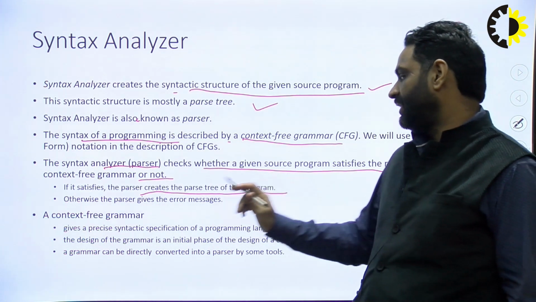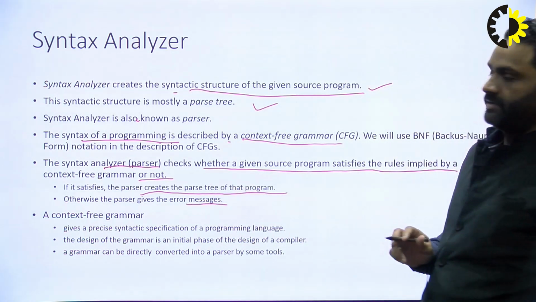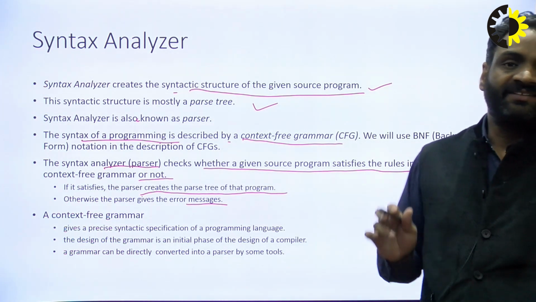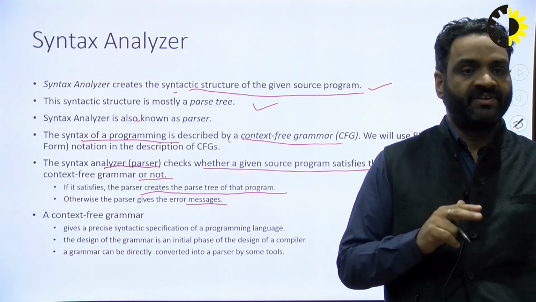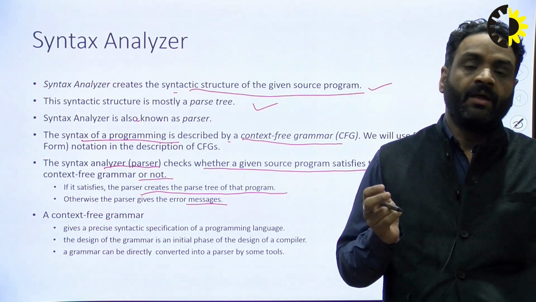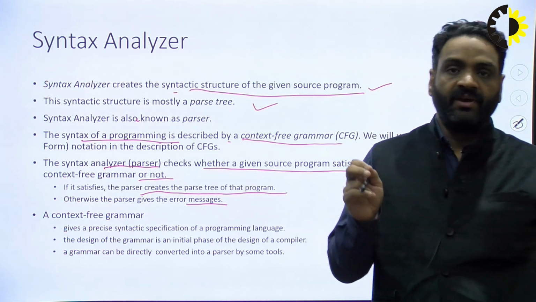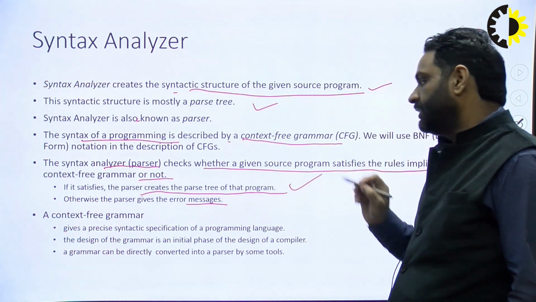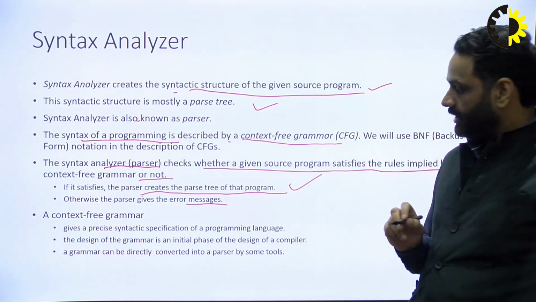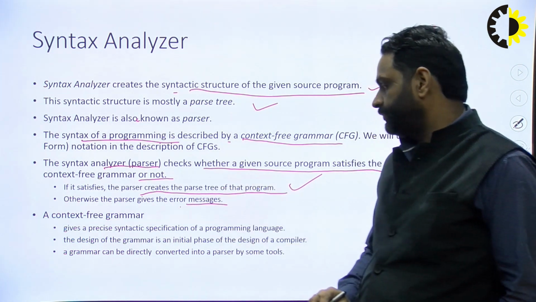Otherwise, the parser gives an error message. That means the syntax analyzer has two core functions: if the given string is valid, it creates the parse tree, otherwise it creates an error message.